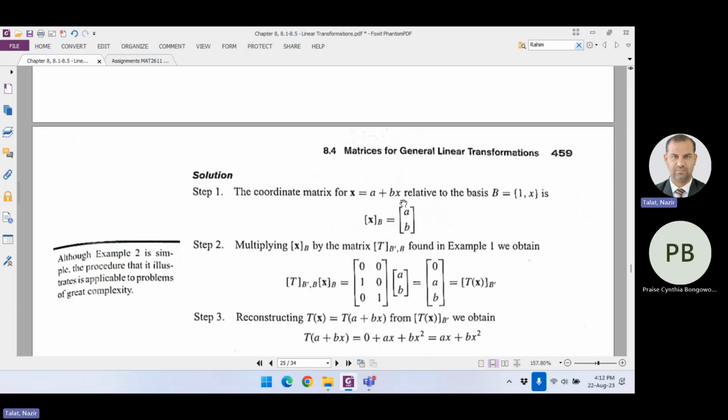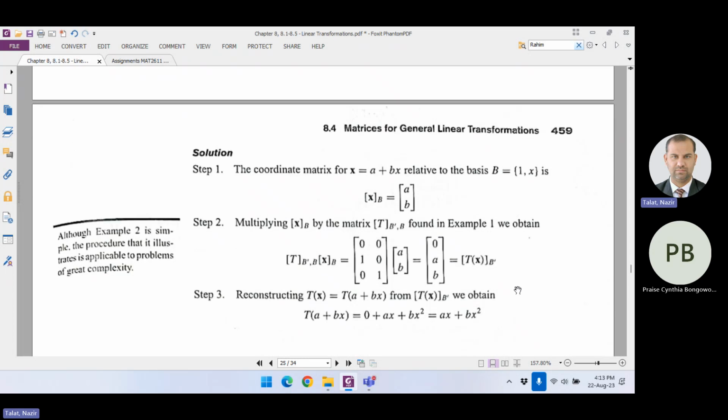For instance, if x is a polynomial, just take its coefficients a and b relative to the standard basis 1 and x, and then multiply this matrix, the matrix of T, with these coefficients a and b. Then if we multiply this, we will get the T(x) relative to B star, which will be the element on the other side.